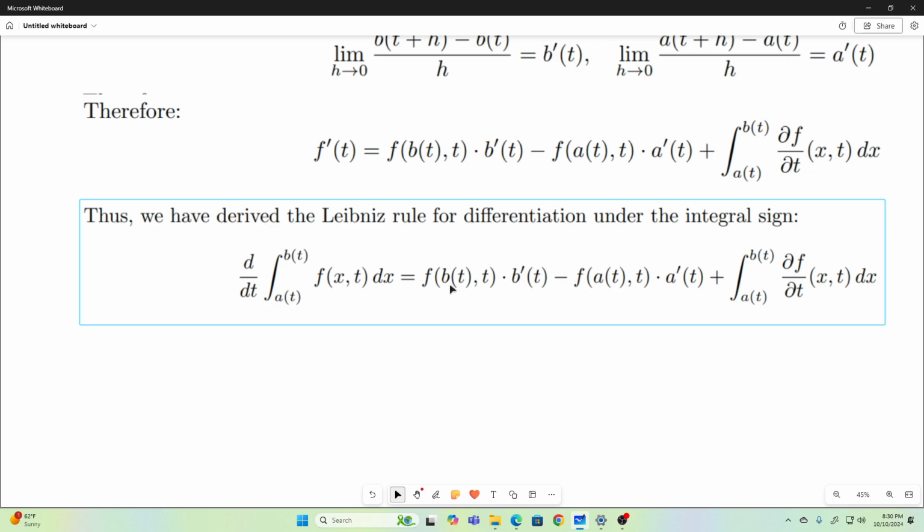It's going to be equal to 0. Similarly, what is a prime of t going to be equal to? It's going to be equal to 0. So we can say that the derivative with respect to t of the integral from any constant to any other constant of f of x and t dx is just going to be equal to this part right here. And that's the part we're actually going to be using for the majority of the videos coming up.